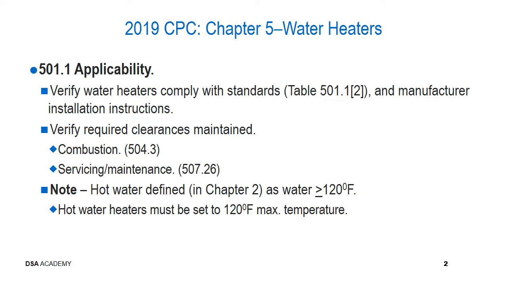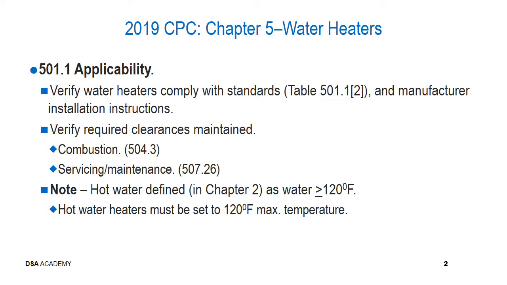And again, we want to reiterate that hot water is defined in Chapter 2 as water that is greater than or equal to 120 degrees Fahrenheit. It is stipulated that water heaters must be set to 120 degrees Fahrenheit maximum temperature.